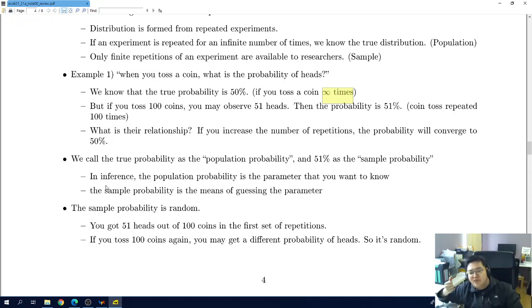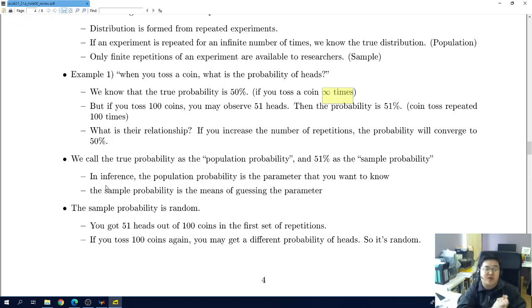On the other hand, you have to have some kind of clues, something to rely on when you guess the parameter. So that's the sample. You observe the data, which is just a finite number of observations. But from the finite number of observations, you'd like to predict what would happen if you could do an infinite number of observations, right?